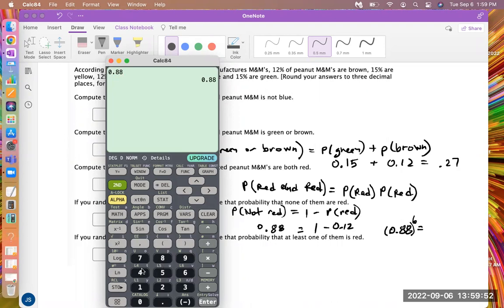There's normally an x to the y on the calculator. I don't see it at this moment. We can also use this little caret to the 6th power, and then it gives us 0.4644, and there's our answer.